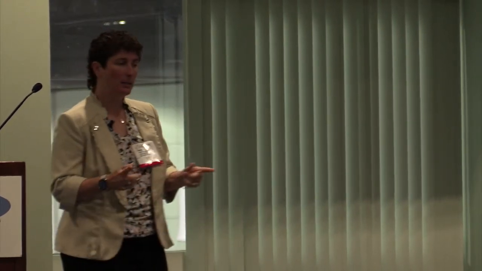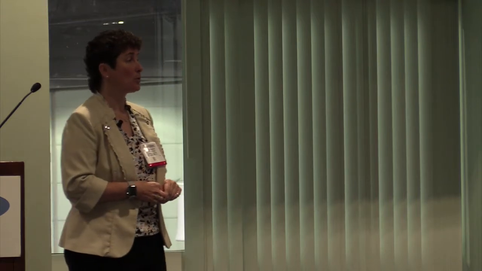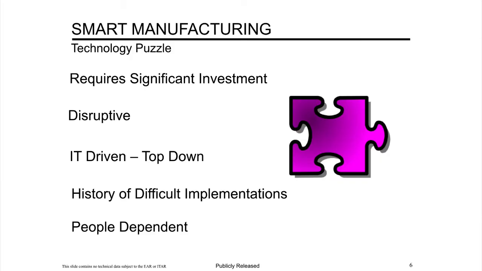Right? So the puzzle piece you have to understand is the natural divide between operations and IT. You've got to have a plan to fix that. You've got to have a plan to get the IT organization to understand what your business requirements are. That way you don't get the wrong solution, and now you're back to square one with a constrained process. How many of us have had a history of difficult implementations with new software programs?